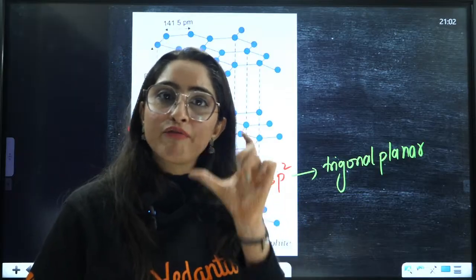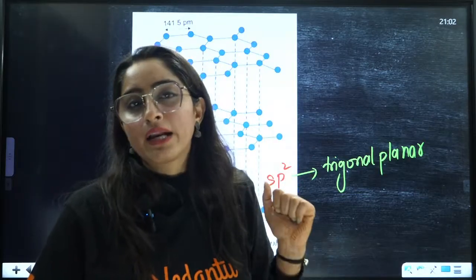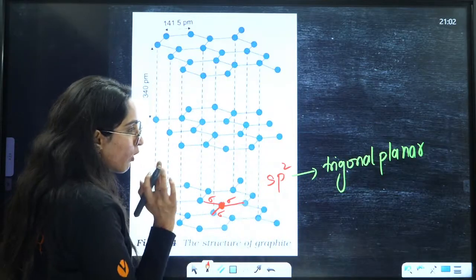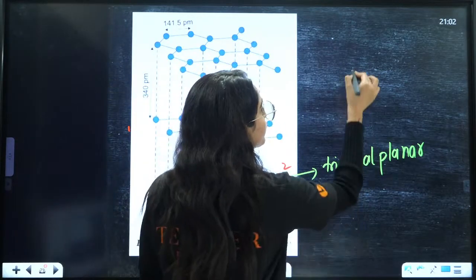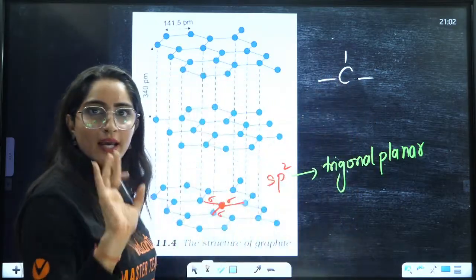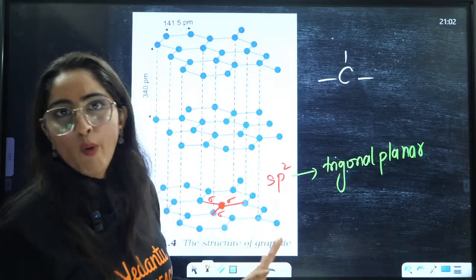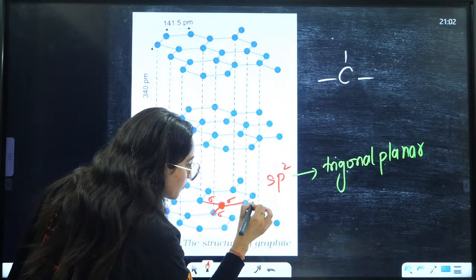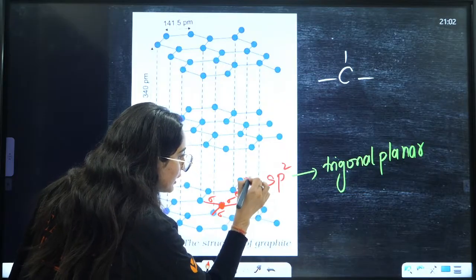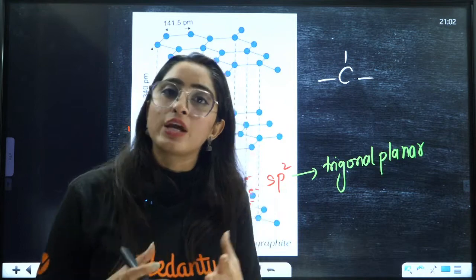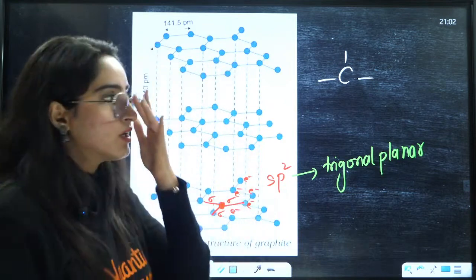So basically graphite is a very good conductor of electricity, because it has only 3 bonds, but carbon has 4 bonds. That means one electron is not in the bonded state. Every single carbon has 1 free electron, so there are so many free electrons, that is why it is a very good conductor of electricity, right?